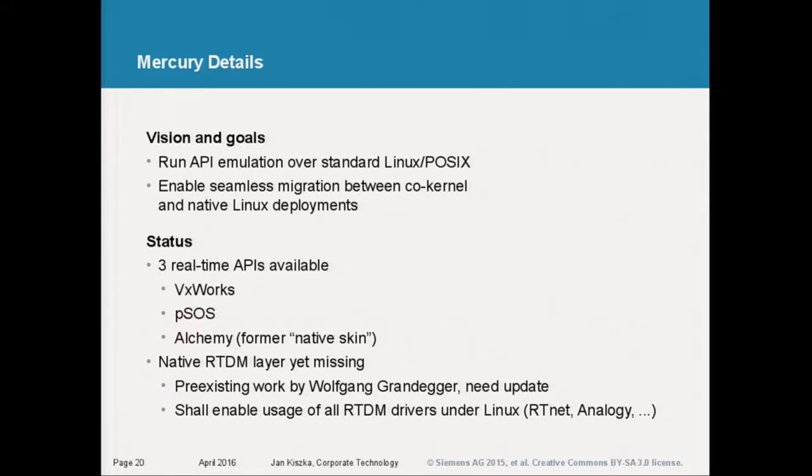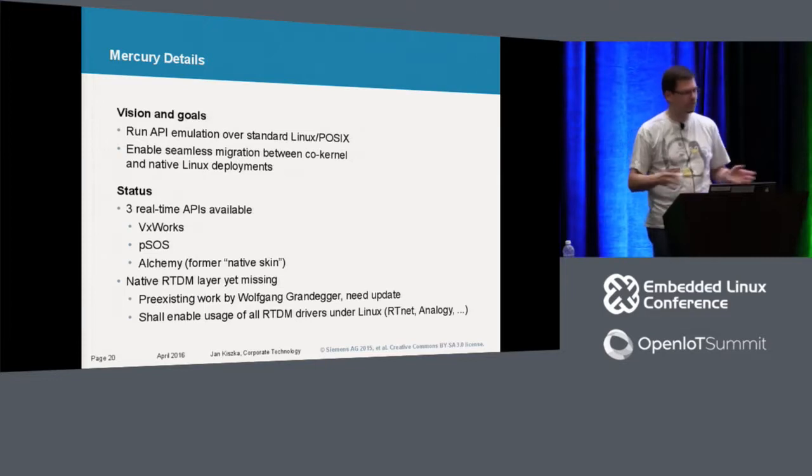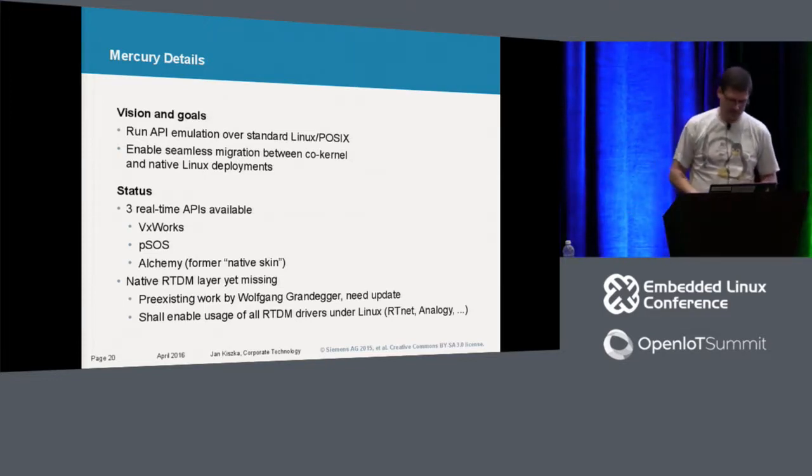Someone recently hacked a little bit on this, but I didn't see any patches on it, unfortunately. So we still need to do some work here. Once we have this, we can immediately reuse the existing infrastructure, because the bigger assets of the RTDM drivers we have, like RTnet and also the analogy stack that Jose is working on, would be immediately available for native Linux as well.